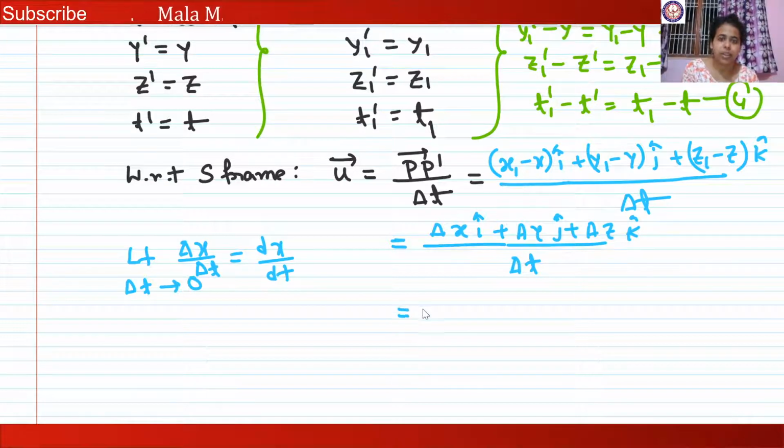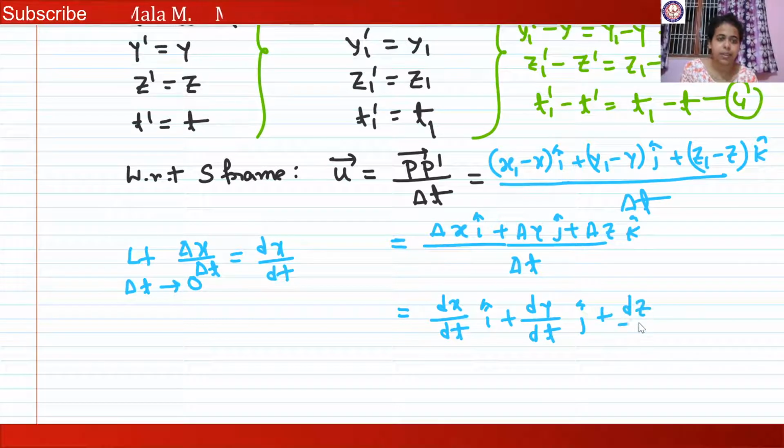So we can write the velocity as dx by dt i cap plus dy by dt j cap plus dz by dt k cap when delta t tends to 0.